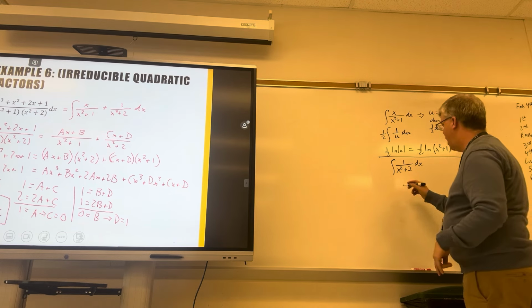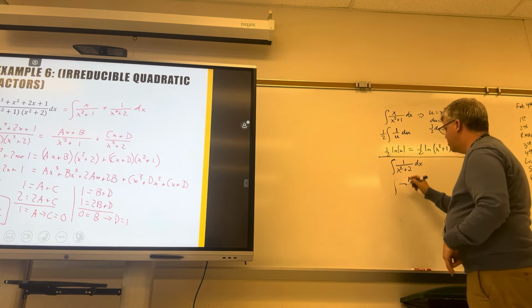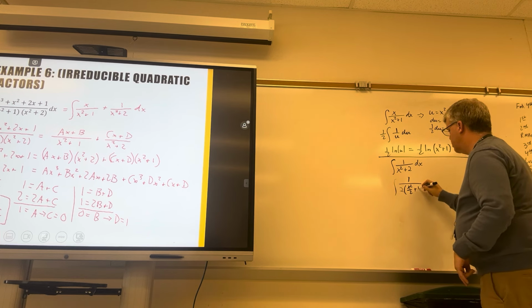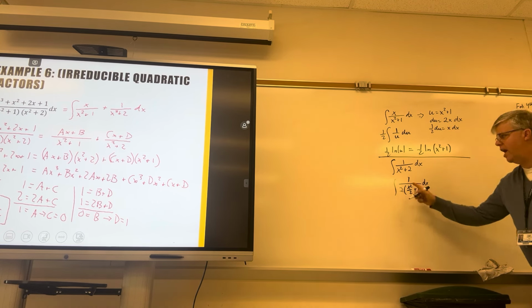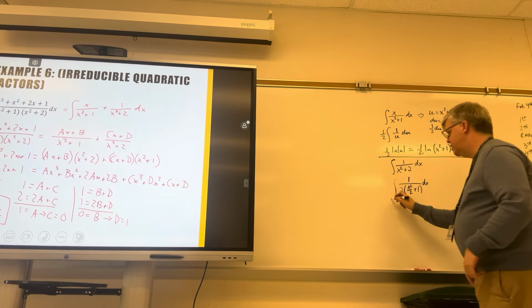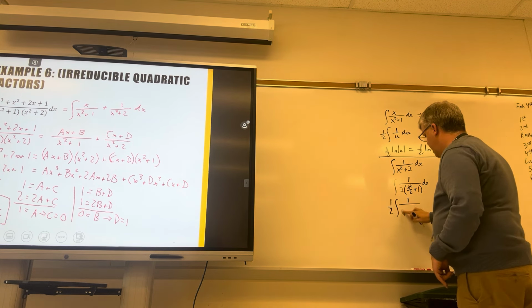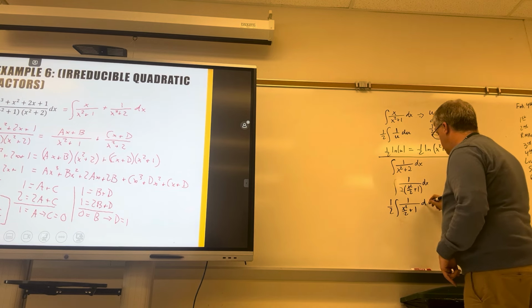Okay? We said we would like this to be a 1, so I'm going to factor out the 2 and make this x squared over 2 plus 1. Does that make sense? And since this is factored out, this can now come all the way out in front. So this is 1/2 integral 1 over x squared over 2 plus 1.